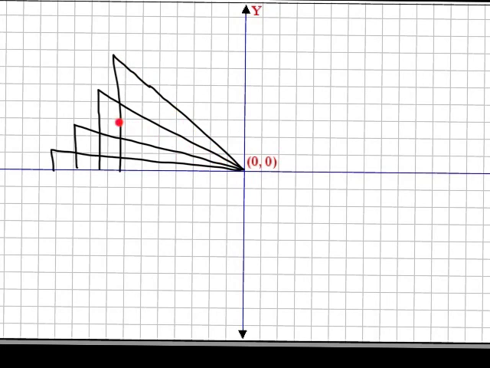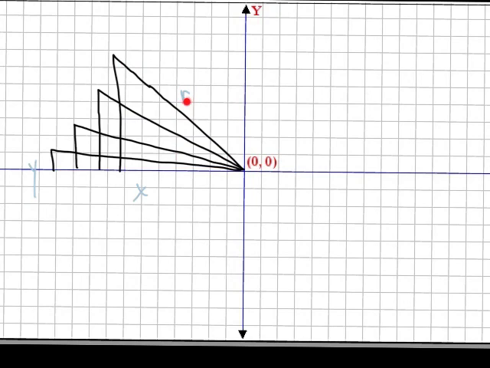It gets closer and closer to the same length of this side of this triangle here, the adjacent, or the x. So we're going to call that, this is my x value, this is my y value, and this is my r value. Now notice what happens as I get closer and closer to my 180 degrees.